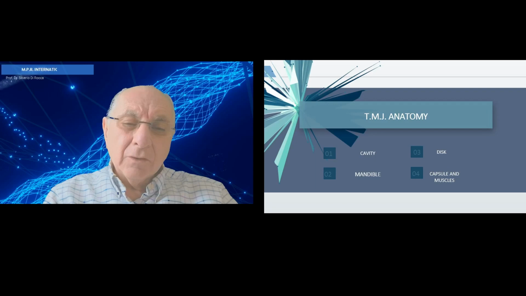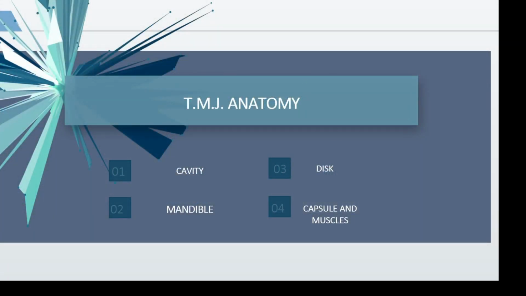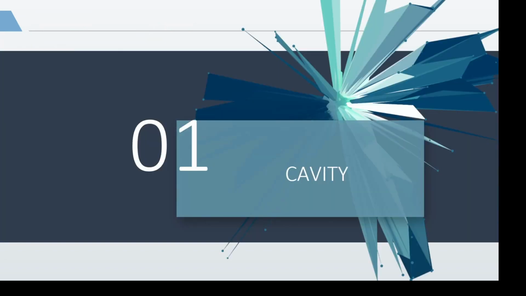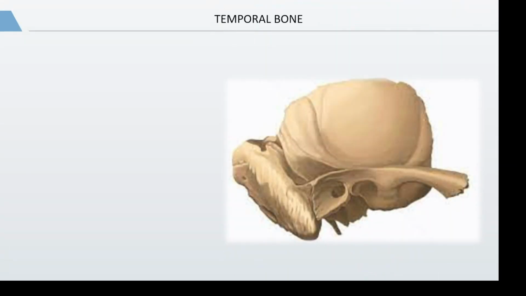Okay, and then we will talk firstly about the cavity of the temporomandibular joint. That means the glenoid fossa, where the temporomandibular joint is located.